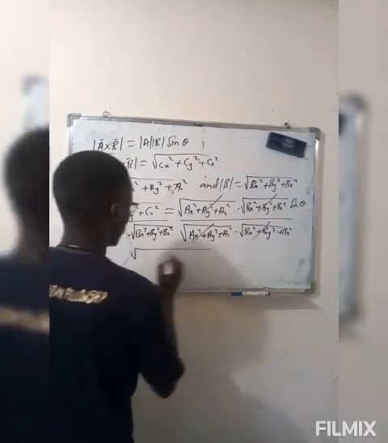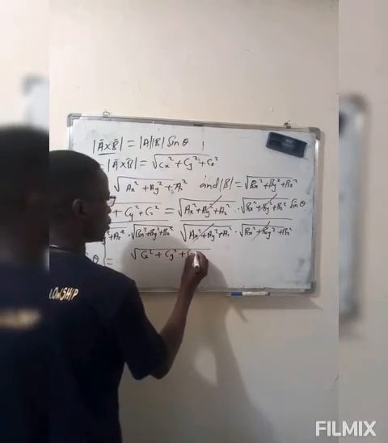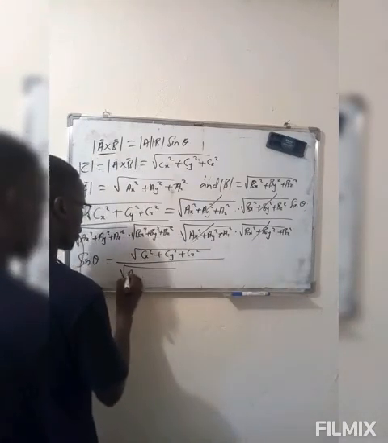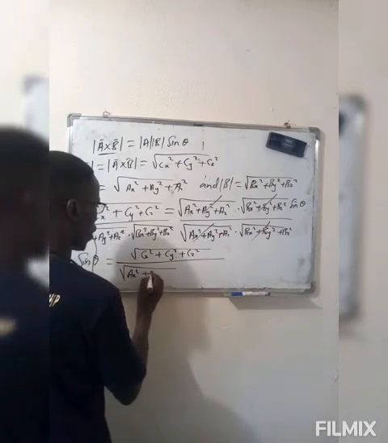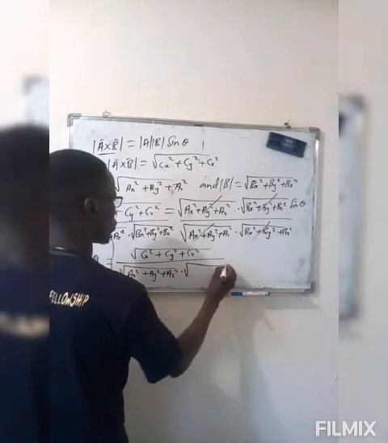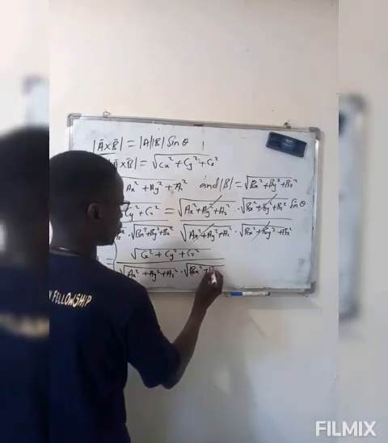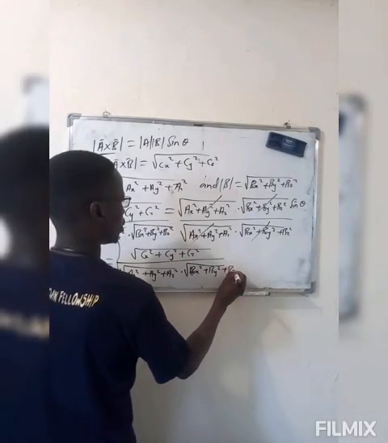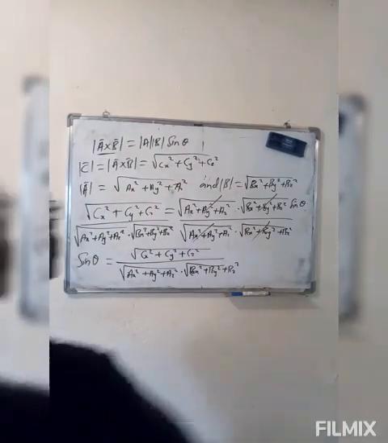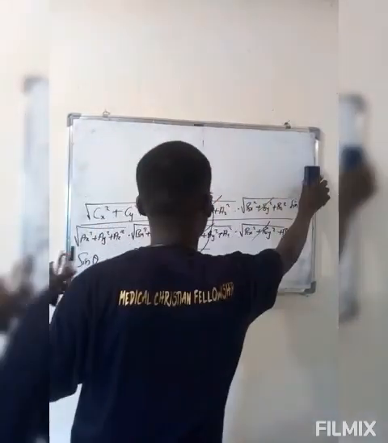the root of Cx squared plus Cy squared plus Cz squared, all over the root of ax squared plus ay squared plus az squared multiplied by the root of bx squared plus by squared plus bz squared. Now we want to get theta, which is the angle we are looking for between the two vectors.